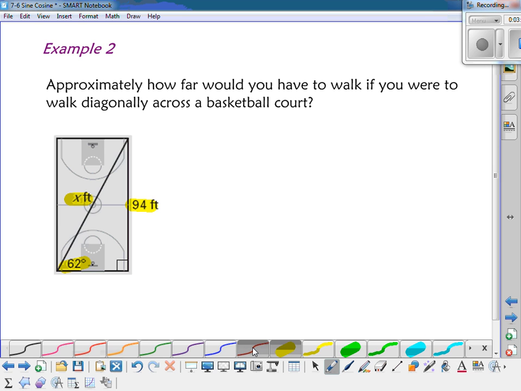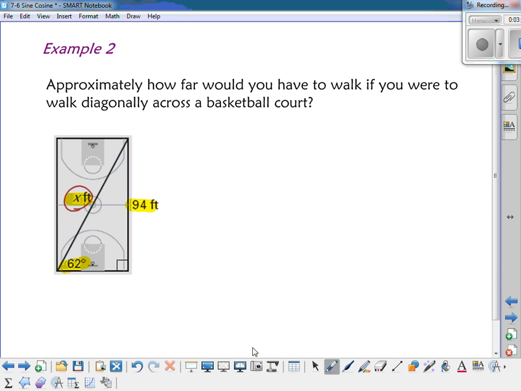The part you're trying to find is the hypotenuse, and relative to the 62-degree angle, 94 is the opposite.